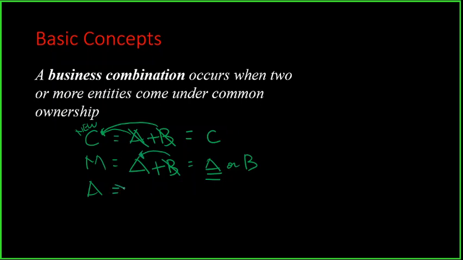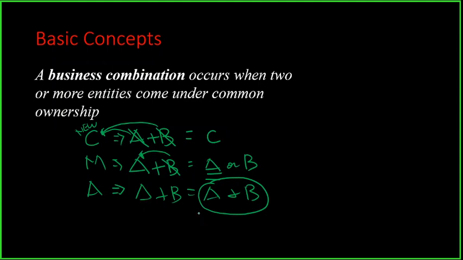For acquisition, this is when A plus B is equal to A and B. Both companies will still continue to operate as separate entities, but at the end of the reporting period, they are going to prepare consolidated financial statements.